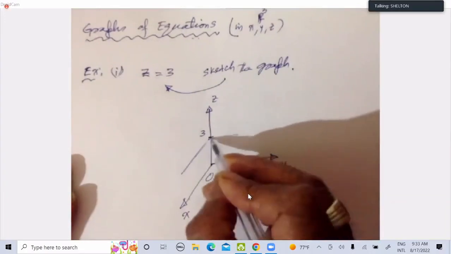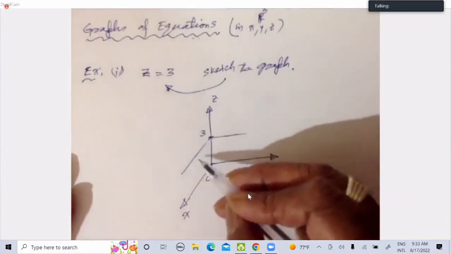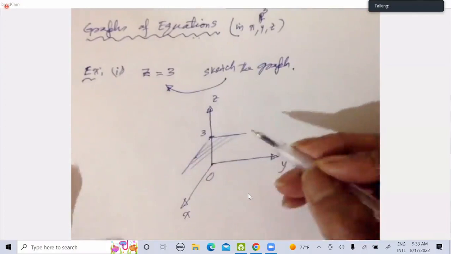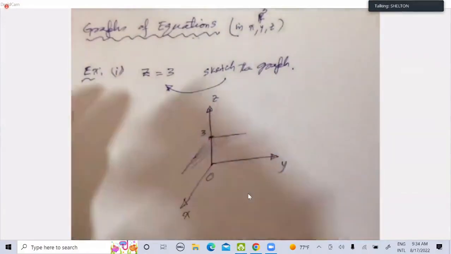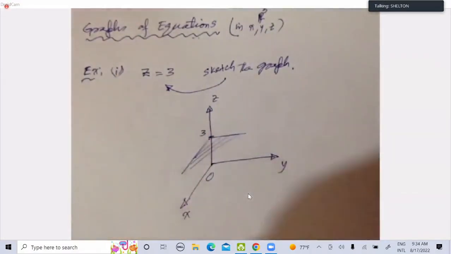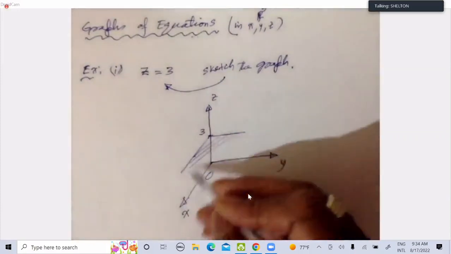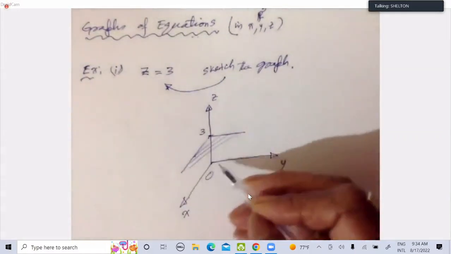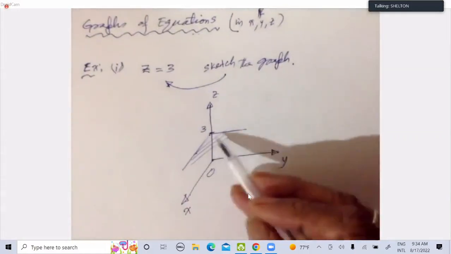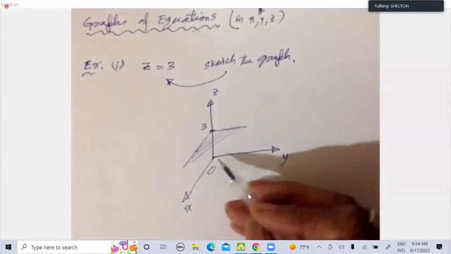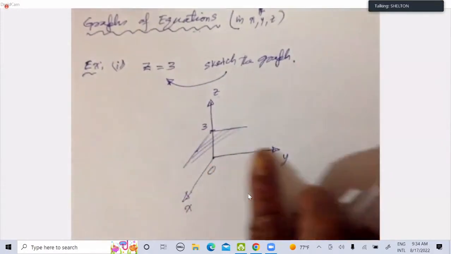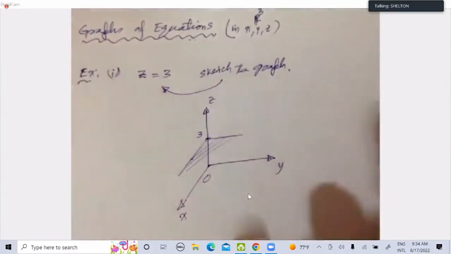A plane is an infinite thing. It's not only in the first octant, it goes to the other parts also. It's like the xy plane, we know it's not only this part, but the entire plane.